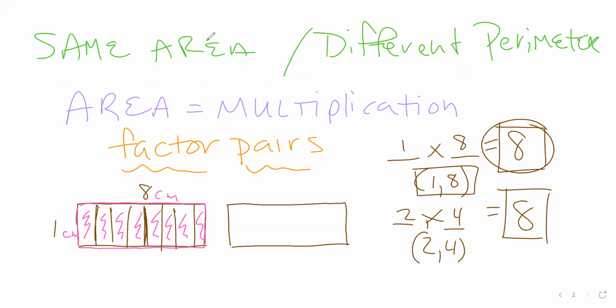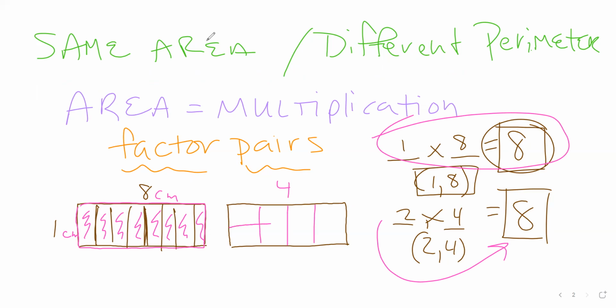Another factor pair of 8 is 2 times 4, which means this time I'm going to have 4 columns and 2 rows. If I count those, I see 1, 2, 3, 4, 5, 6, 7, 8. So it takes up the exact same amount of space, using the same unit of measurement.